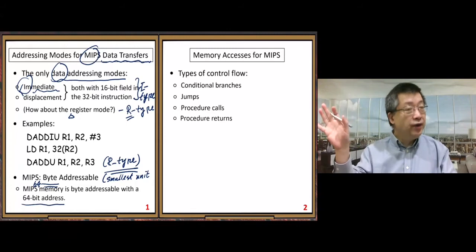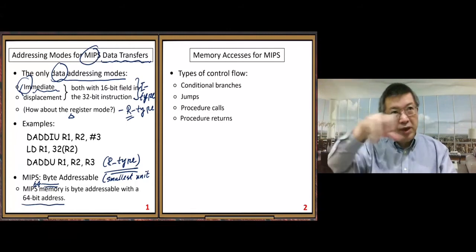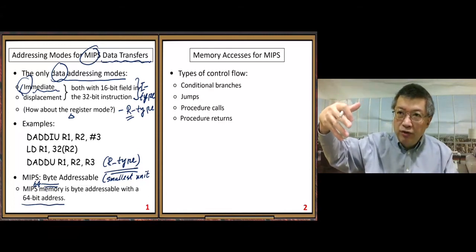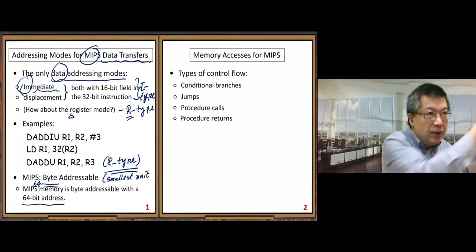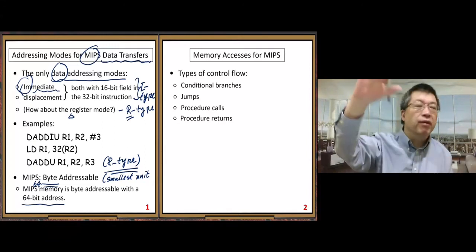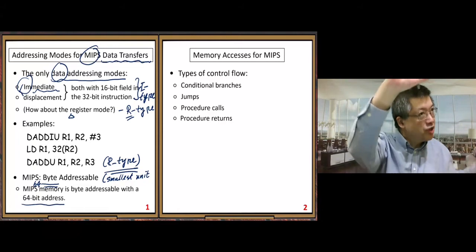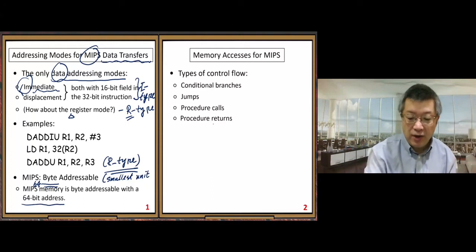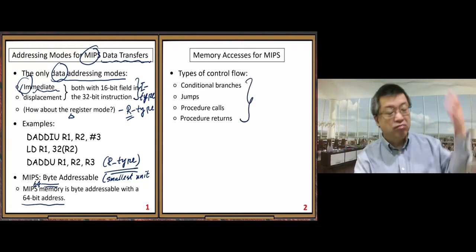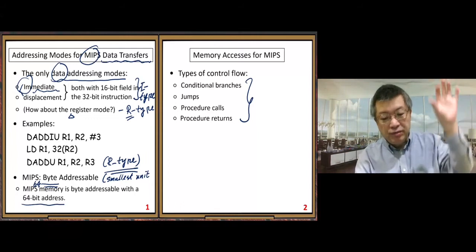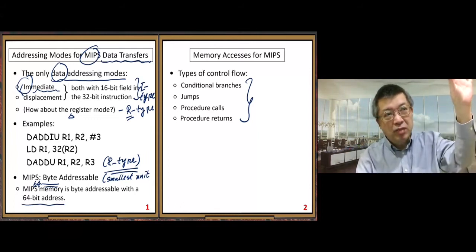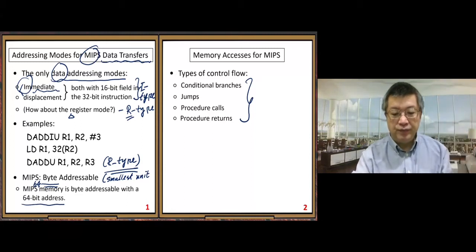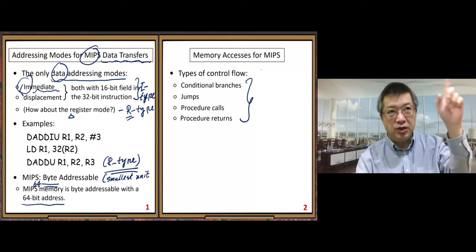Another one, procedure return: after your function completes a specific task, you need to send control flow back to the original instruction sequence at the right point. That's the return part. All these things change the control flow.